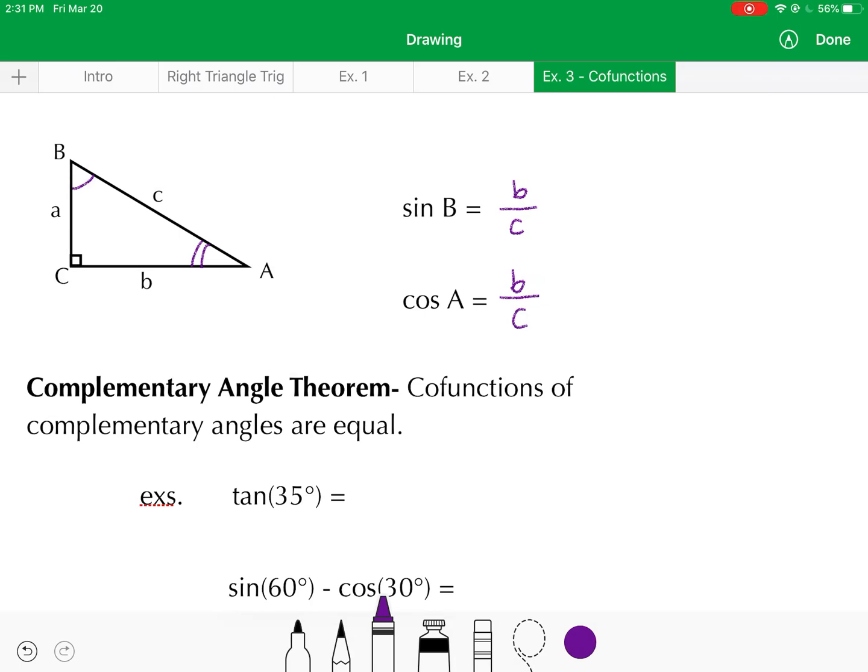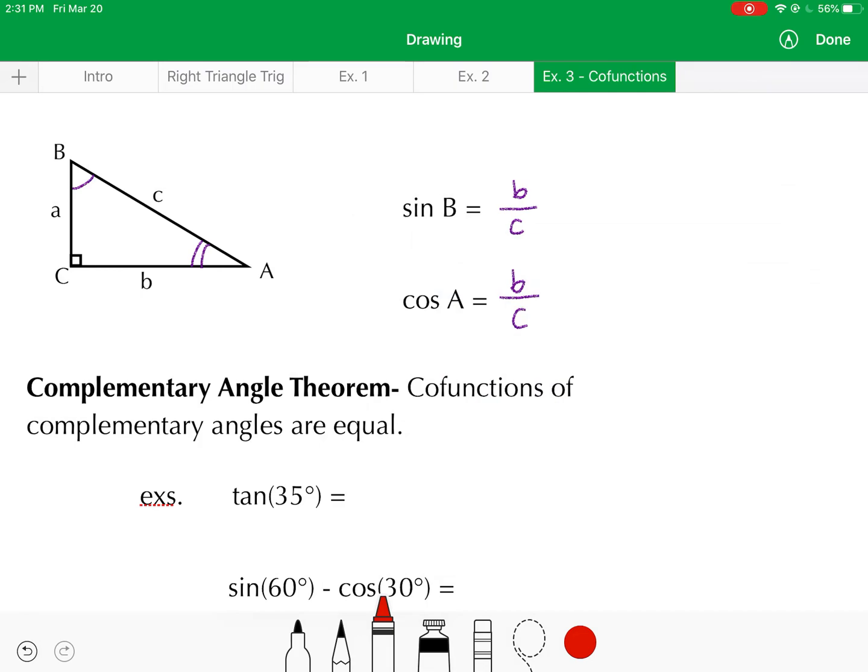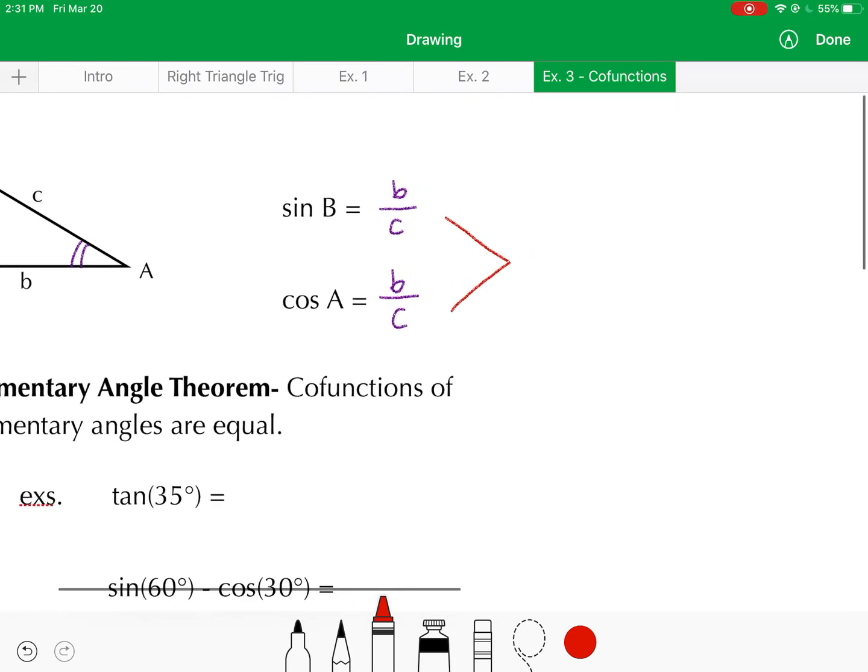All right, so what we want to notice here is that we're getting the same ratio for both sine of angle B and cosine of angle A, okay? And that is because sine and cosine are co-functions of each other.